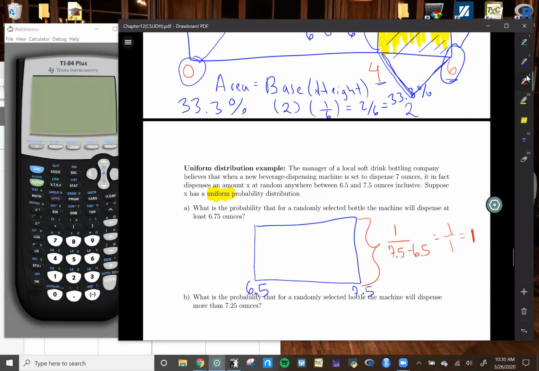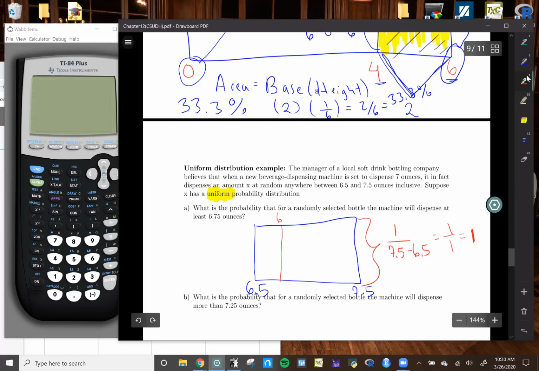No. All right, so let's go on, and now we're going to look at what the problem is asking us to find. It says, what is the probability that for a randomly selected bottle, the machine will dispense at least 6.75? So 6.75 is somewhere over here.